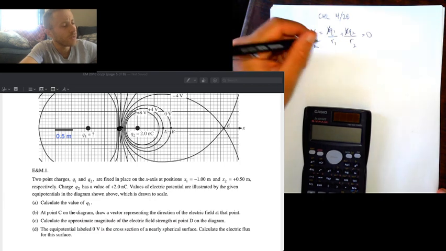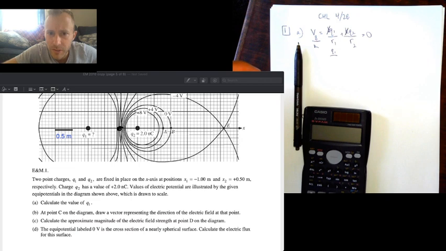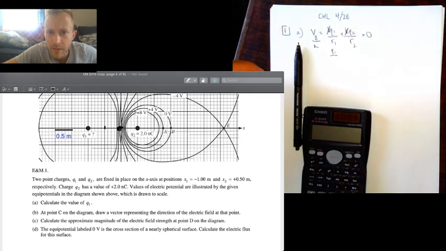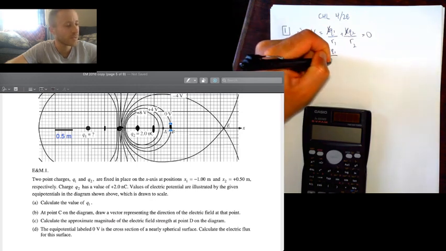So I have Q1 over, now how far is Q1 from B? I can see it's 1, 2, 3, 4, 5 grid squares. So that's a distance of 2.5 meters.